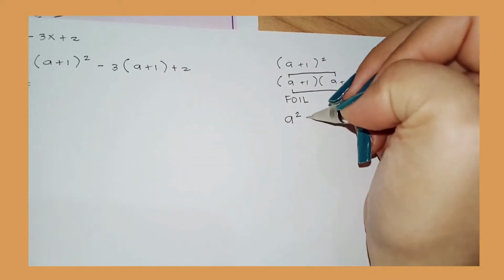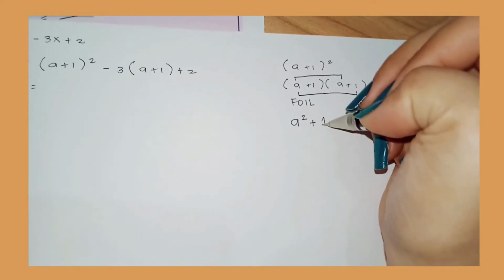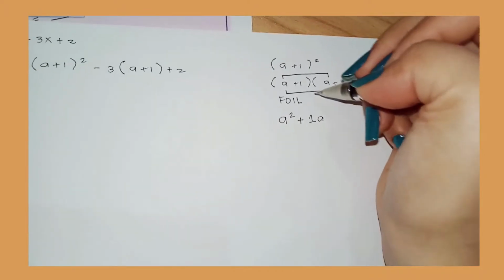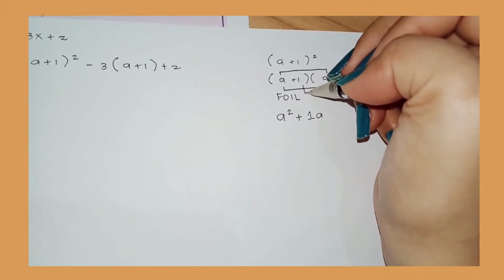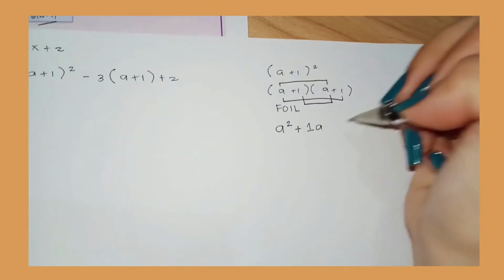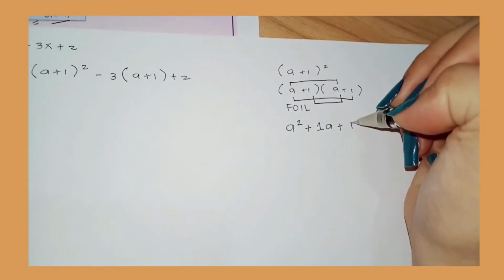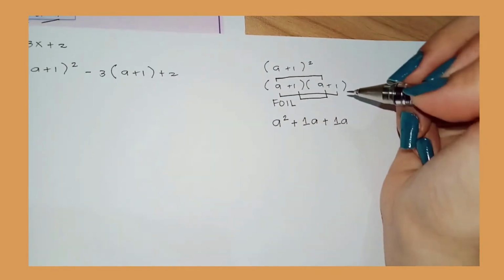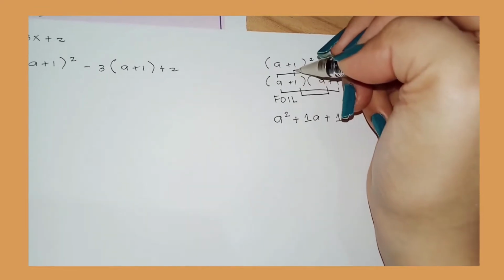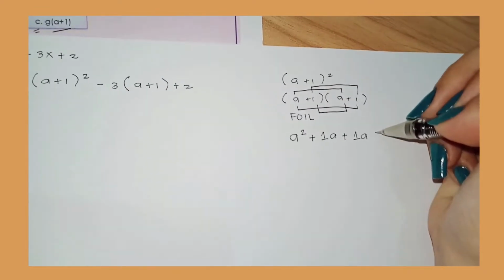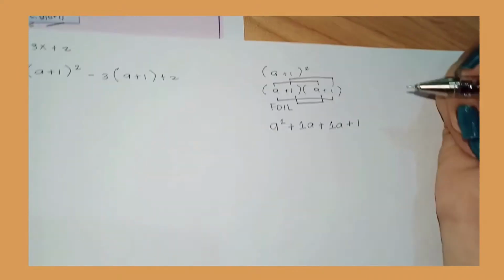So, this will be plus 1A. Next, inner, yung nasa loob, 1 multiplied to A, the answer is positive 1A again. Next, last term, 1 multiplied to 1, the answer is positive 1.